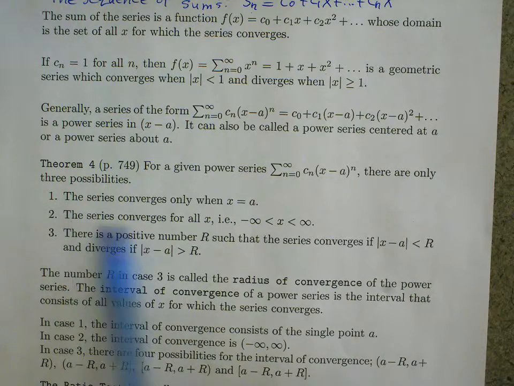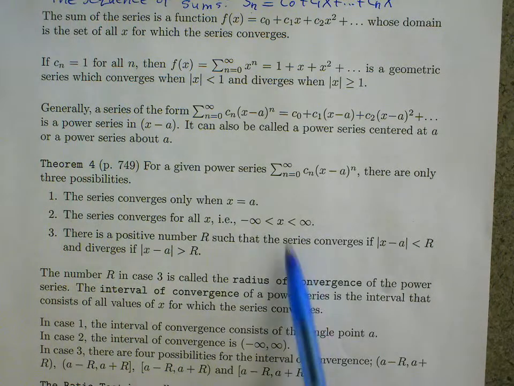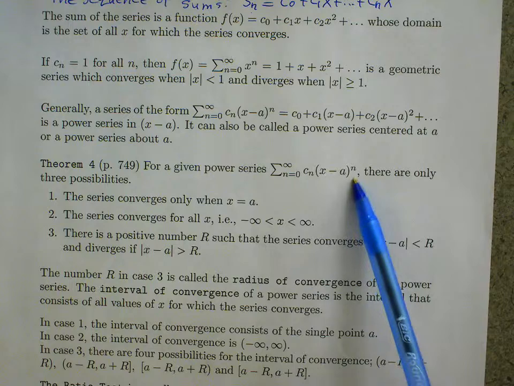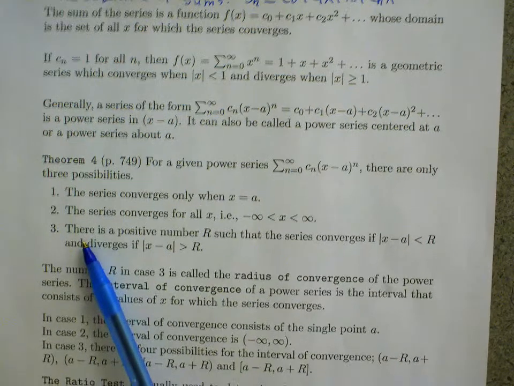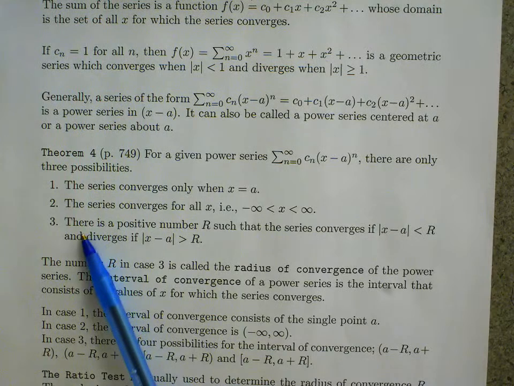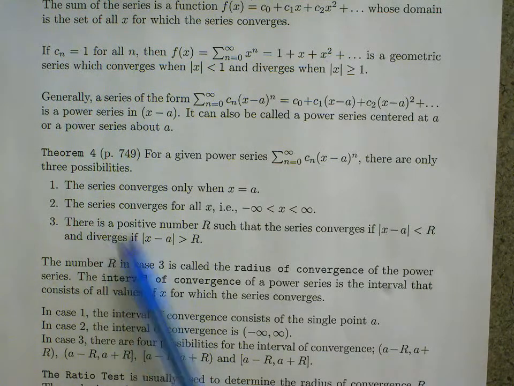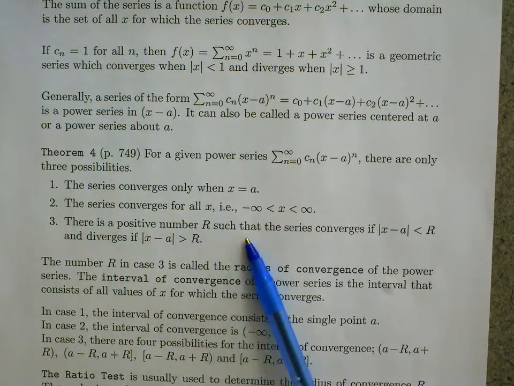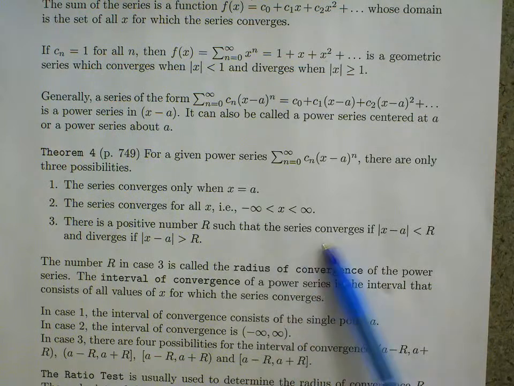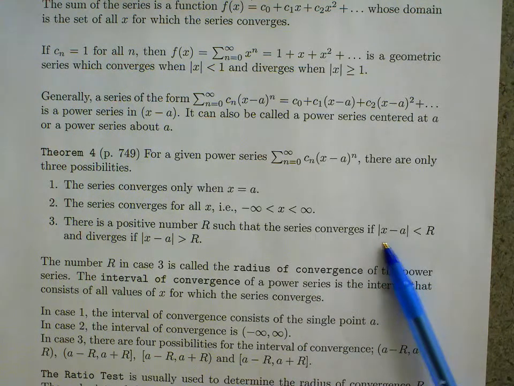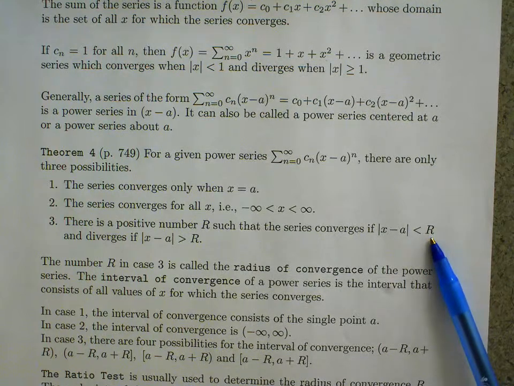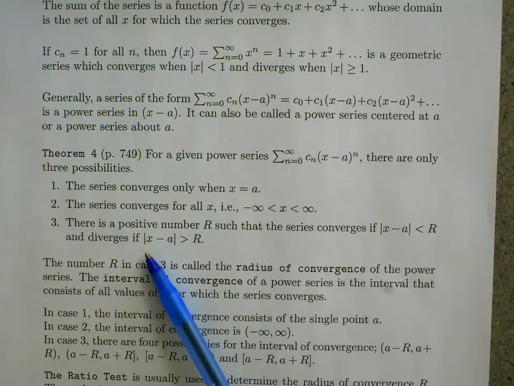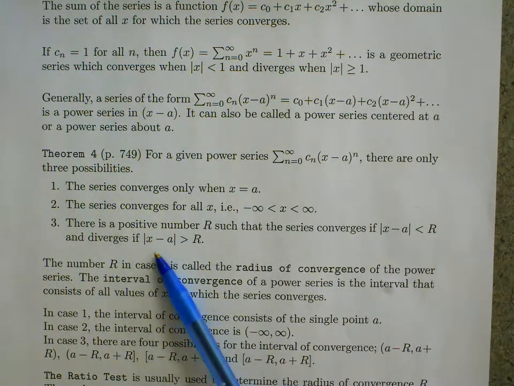The series converges for all x, that is, all real numbers. That's the second possibility. And then a third possibility is that there's an interval of finite length. There is a positive number, capital R, such that the series converges if the absolute value of x minus a is less than R, and diverges if the absolute value of x minus a is greater than R.